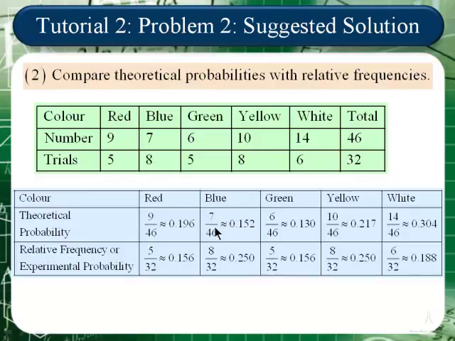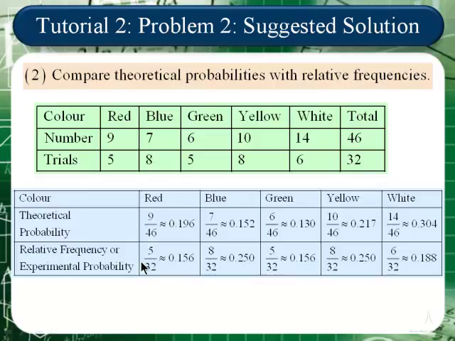The theoretical probability that it will be blue is 7 out of 46, that it will be green 6 out of 46, that it will be yellow 10 out of 46, and finally that it will be white 14 out of 46.